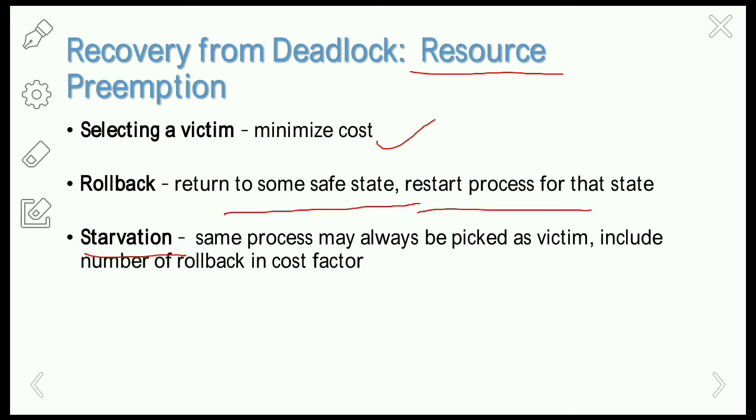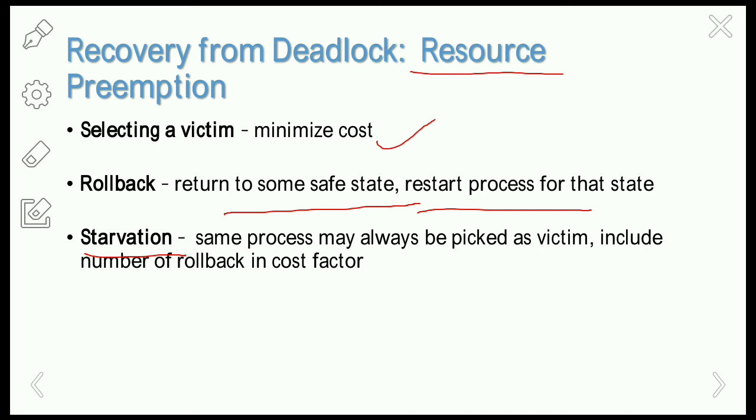And the last one is starvation. A process or a resource can be picked as a victim only a finite number of times; otherwise it is said to be starvation. The most common solution is to include the number of rollbacks in the cost factor.